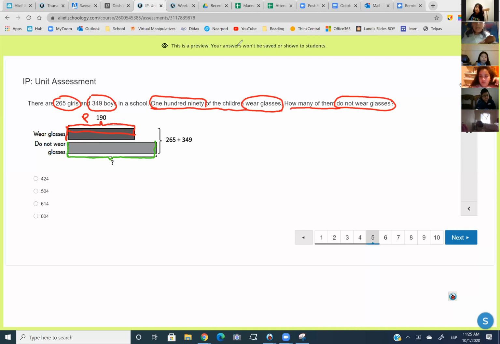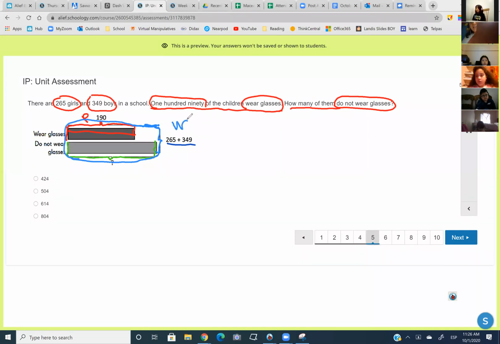They're asking me how many they are together. See this bracket? Remember this bracket here, guys? This means to put together, you're going to put together the kids that wear glasses and the kids that do not wear glasses. So it's telling me to do all this together. That means this is the whole.